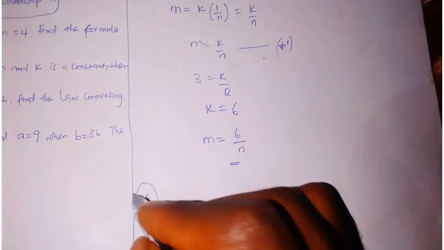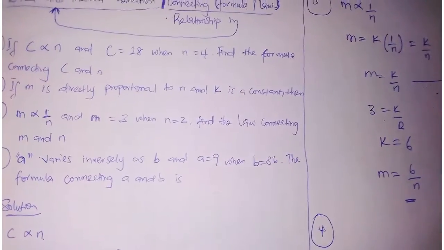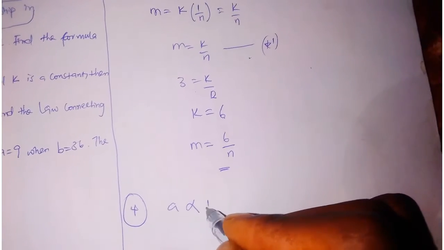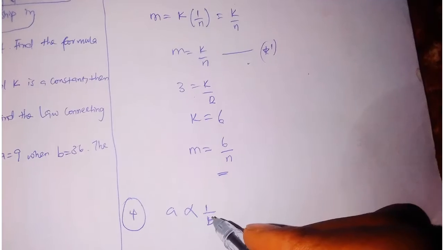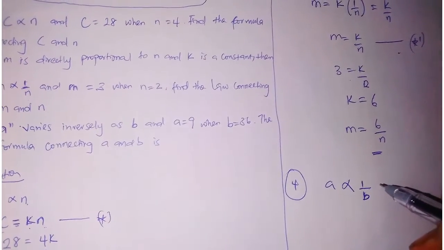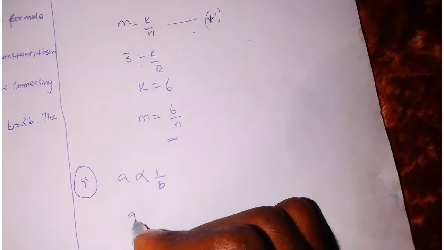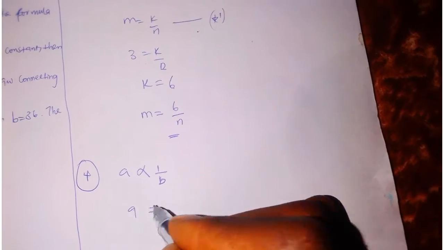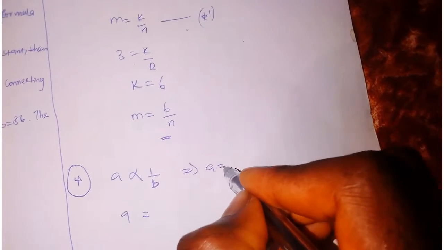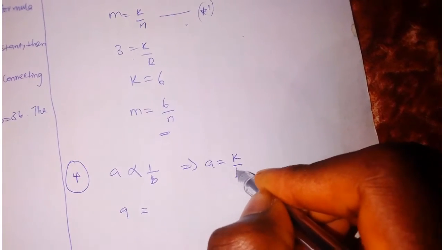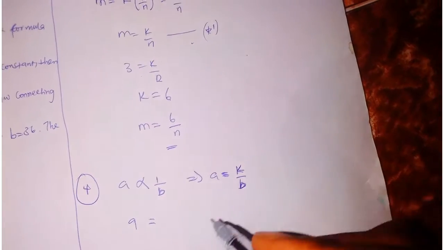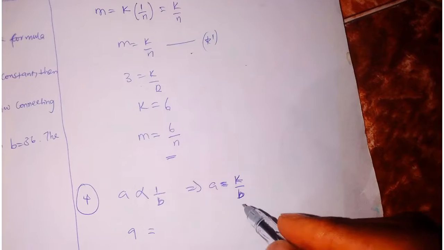Finally, for number 4, we have A varies inversely as B. It means A varies inversely as B, and A is 9 when B is 36. Now from here it implies that my A equals K over B, because if I introduce my equals sign, my constant K comes in, K over B. Now you can use any constant.